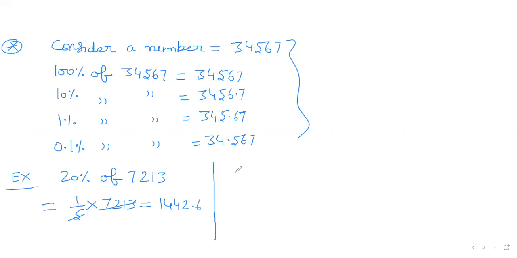Just see this. We can write 10% of 7,213 is what? 10% of 7,213 is what? It is nothing but 721.3.